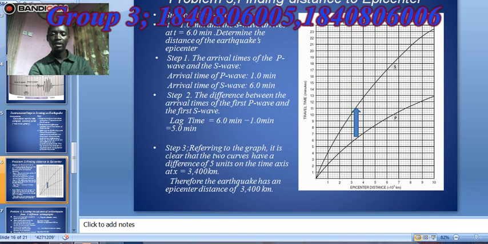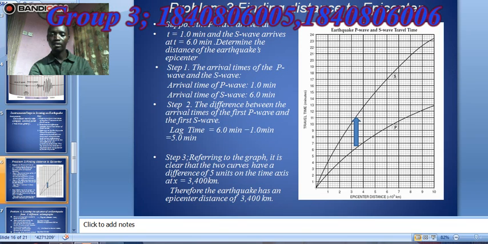So here is a problem of finding a distance to the epicenter. Suppose the P wave arrives at t equals 1 minute and the S wave arrives at t equals 6 minutes. So we can see the question is asking us to determine the distance of the earthquake's epicenter.